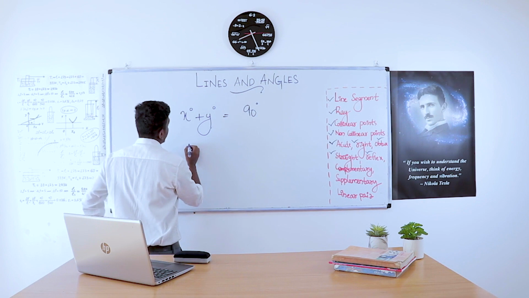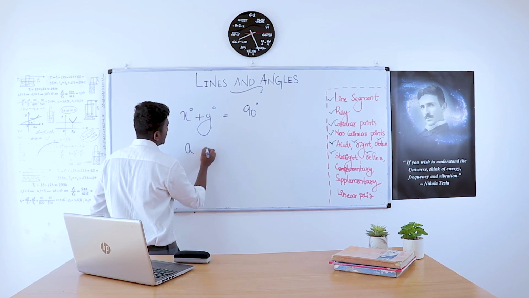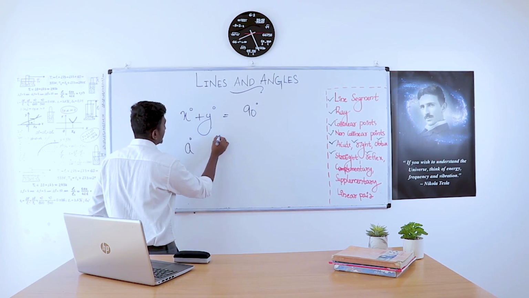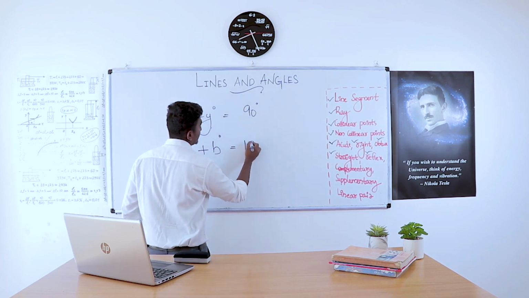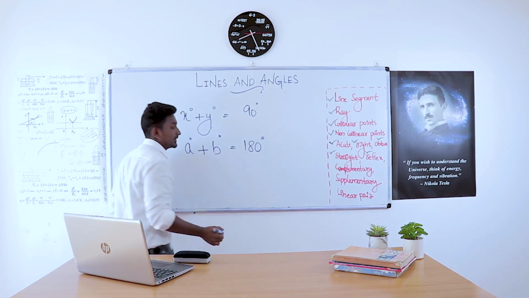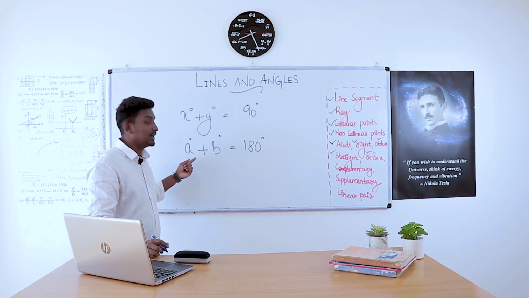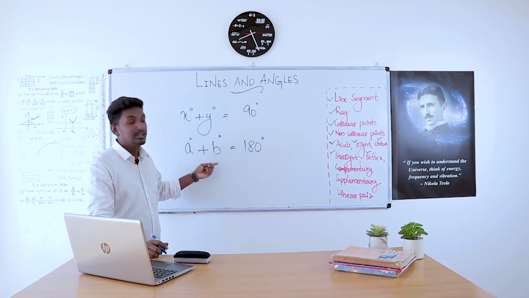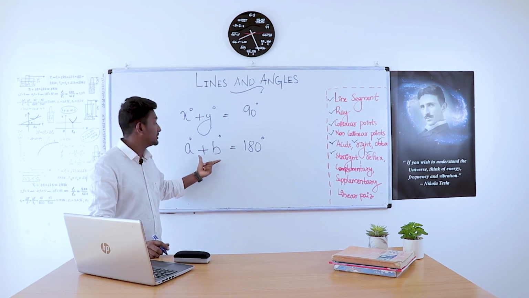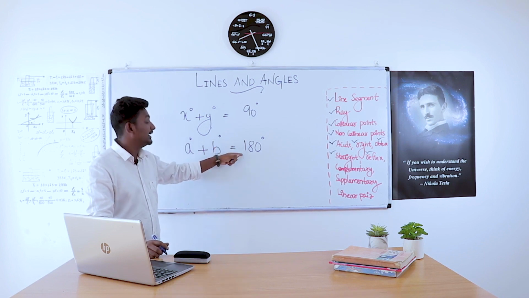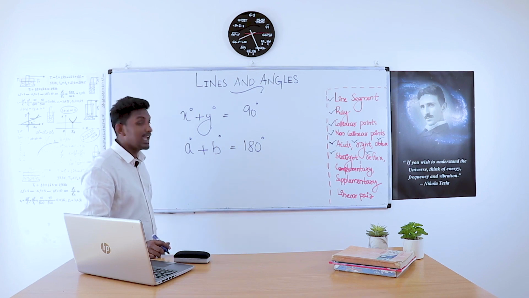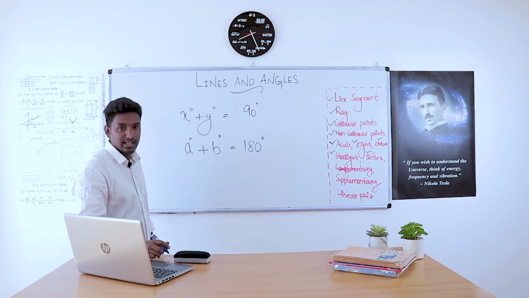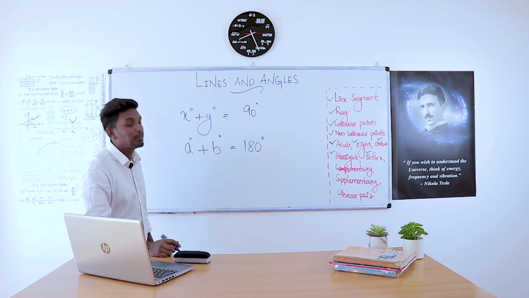Then if we are considering another two angles A and B, and when we add A and B together, if we get 180 degrees as the answer, then A and B are supplementary angles.